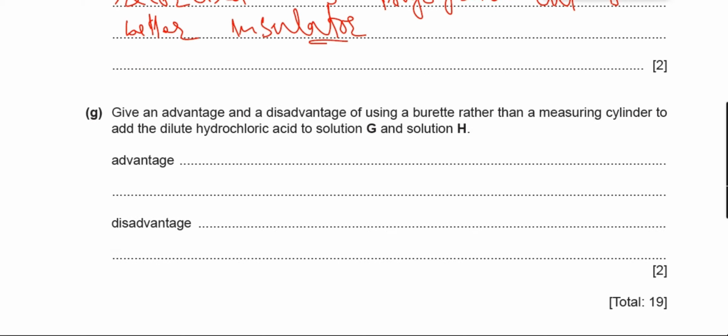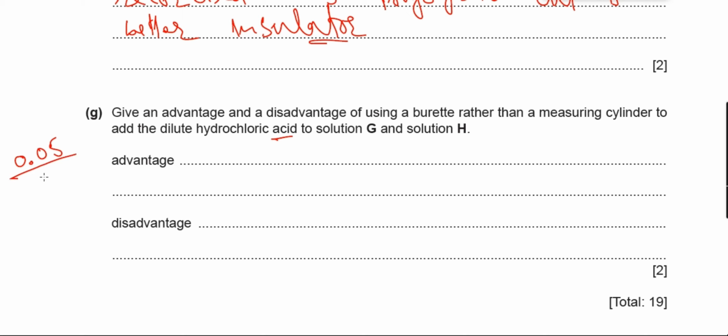Next, he says give an advantage and disadvantage of using a burette rather than measuring cylinder to add the dilute hydrochloric acid. I think I clearly and earlier mentioned that burette is a more accurate one because the minimum volume we can measure is 0.05.